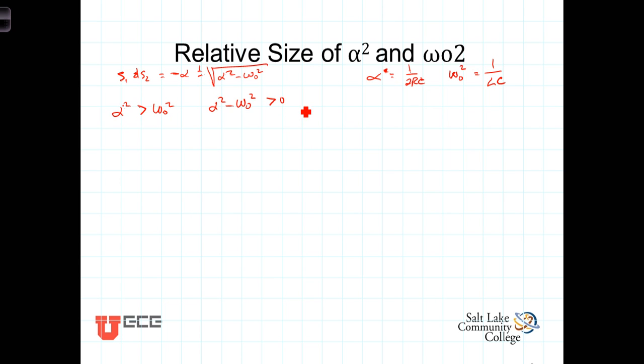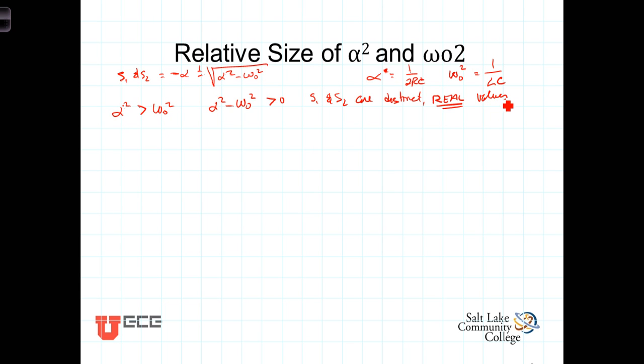It'll be a positive number. In this case, we will have S1 and S2 being distinct, real. Let's emphasize the fact that they are real values.